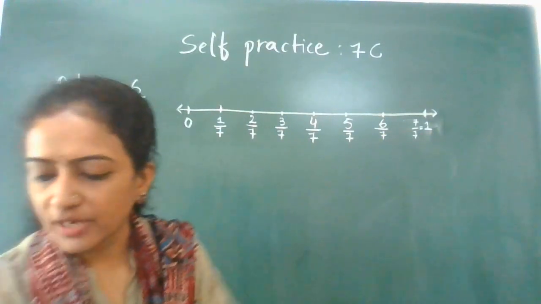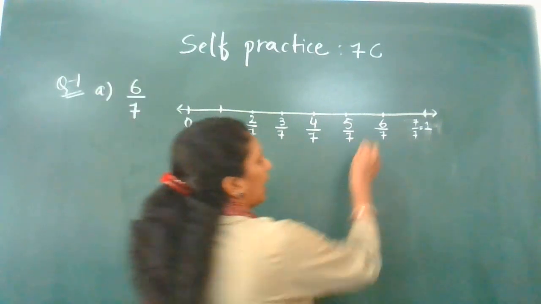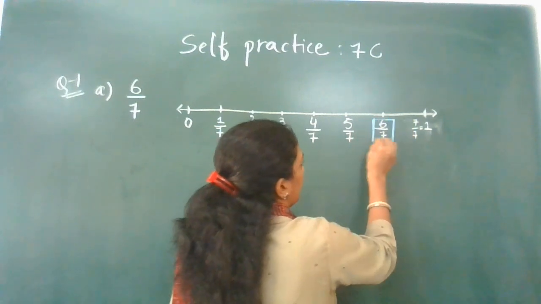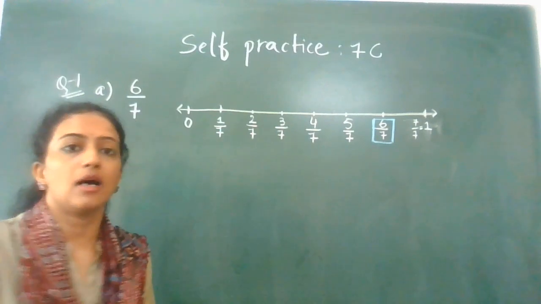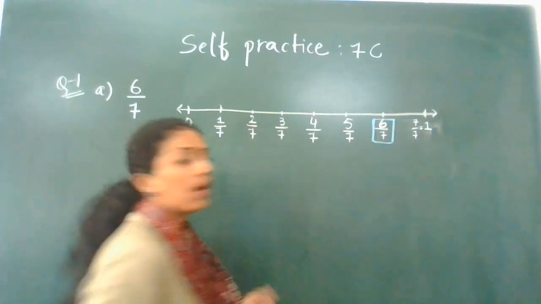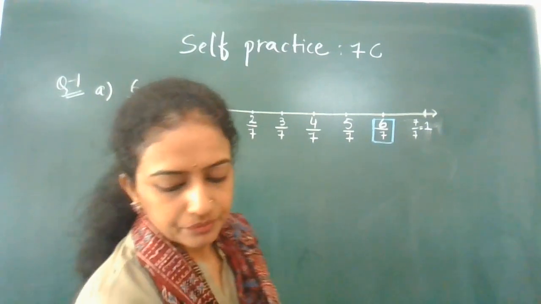Whatever fraction they tell you to represent on the number line, you have to highlight. You can put a box around the fraction, which means you are highlighting your answer. 6 upon 7. So this is A.